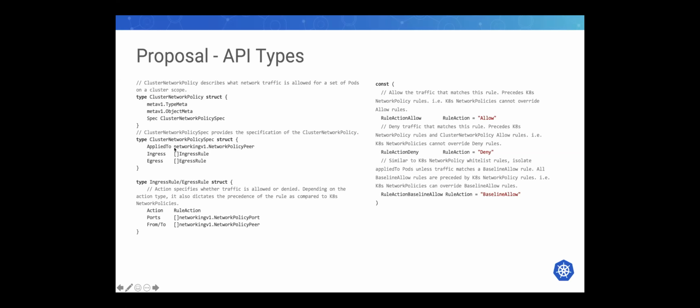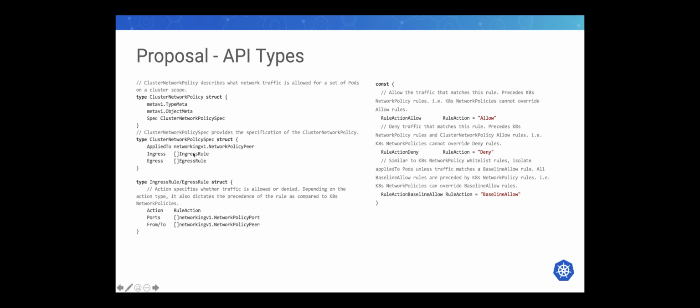The reason we need applied to instead of just a pod selector is that we need to apply policies not just to pods but also namespaces. So to make it easier for people to write such policies, we plan to add a new field called applied to, and essentially it will be a pod selector or a namespace selector.